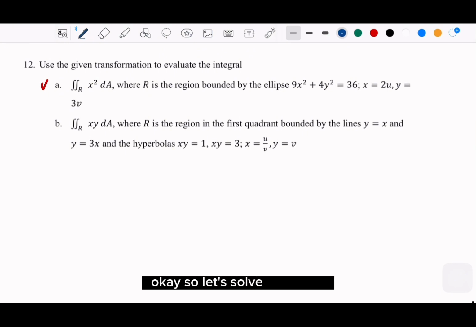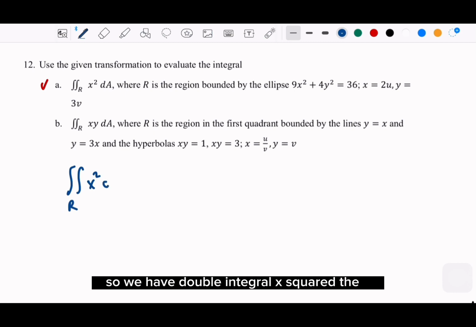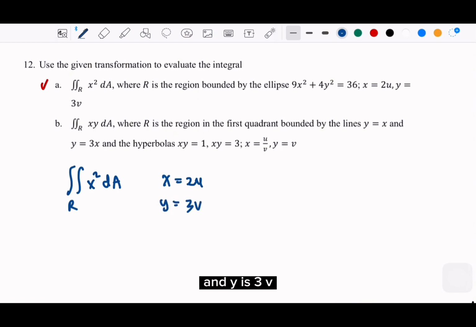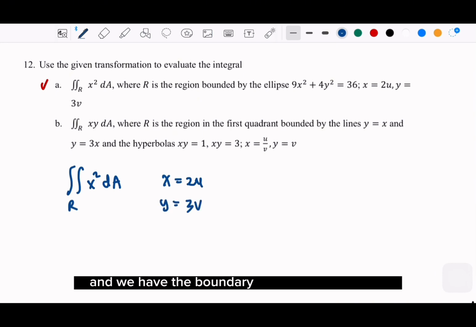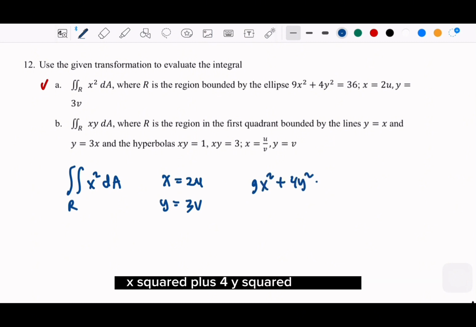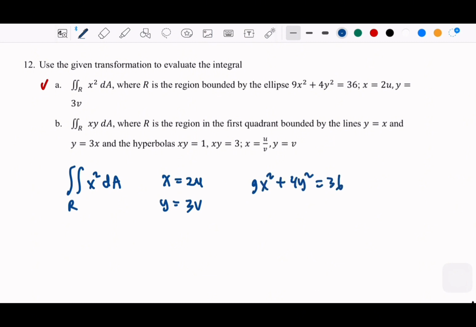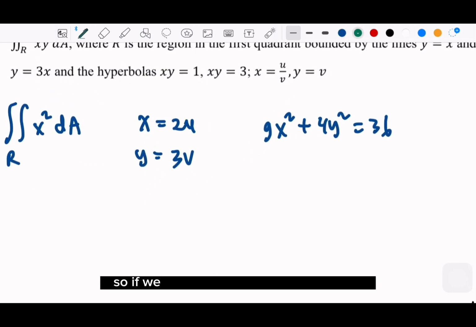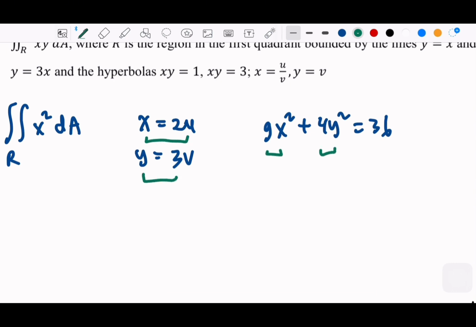So let's solve number A. We have the double integral of x squared dA, and the transformation is x equal to u, and y is 3v. The boundary is the ellipse 9x squared plus 4y squared equal 36. Now what is this? Let's check the transformation and see what we have in our ellipse.